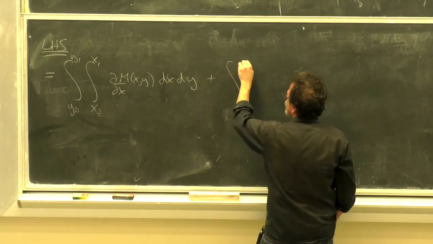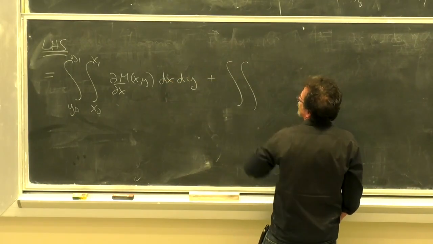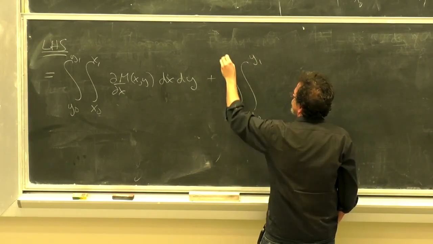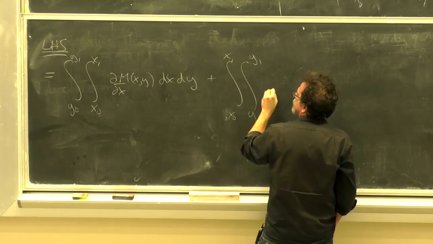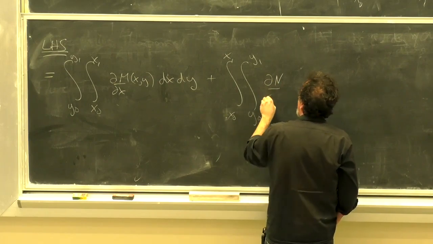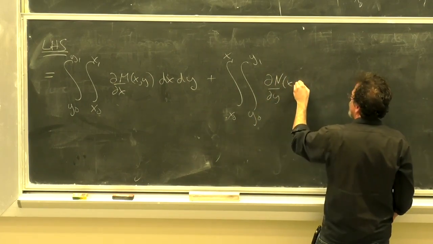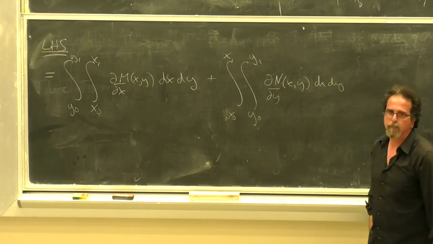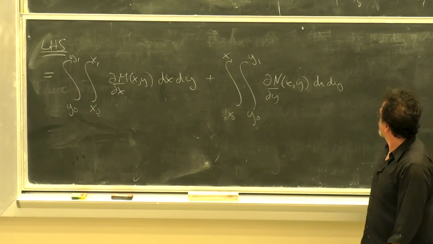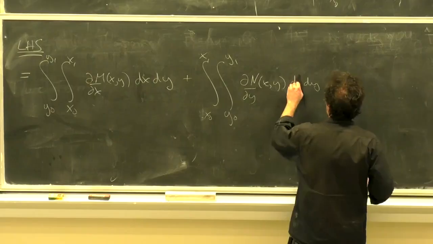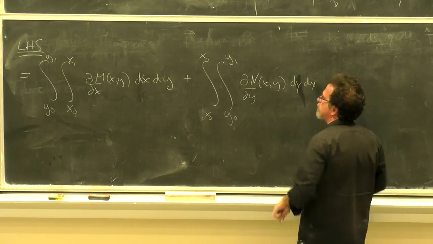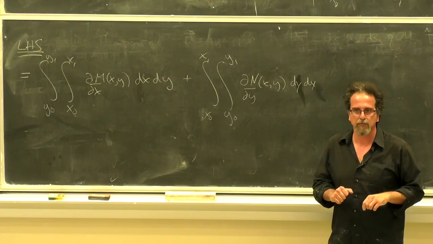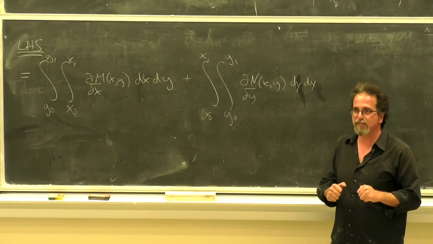Plus, I'm going to do the opposite for the second term. I'm going to do the y integral first, and then the x integral. And this is dN/dy, which is a function of x and y: dy dx. Please find all my typos. That's good. Keeps you on your toes.